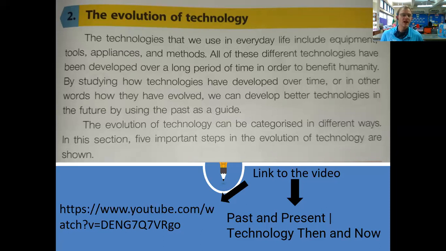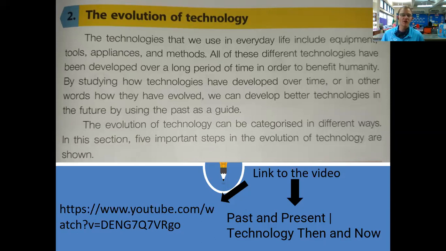By studying how technologies have developed over time, or in other words, how they have evolved, we can develop better technologies in the future by using the past as a guide.